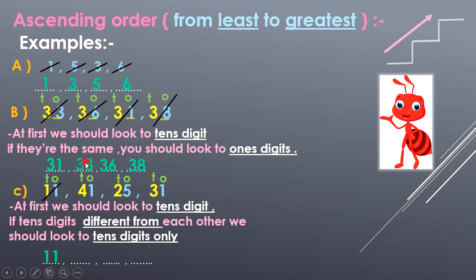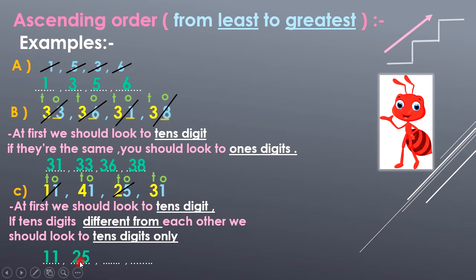Now I have 41, 25, and 31, and we look to tens digit. Which one is the smallest? Yes, 25. So I cross 25 and put here 25.